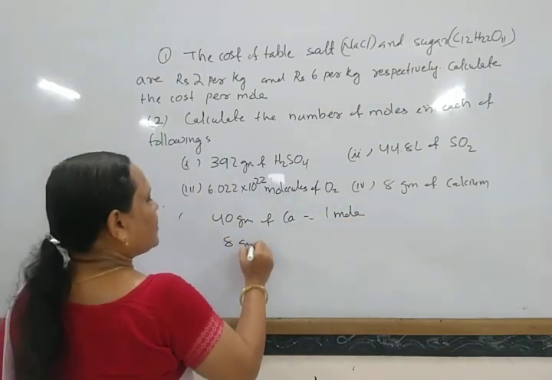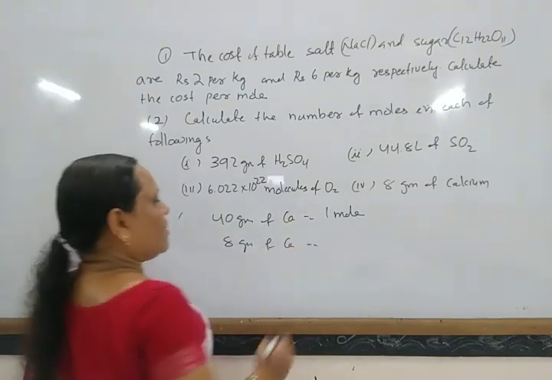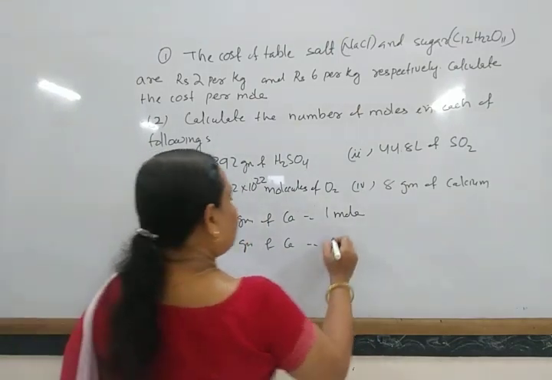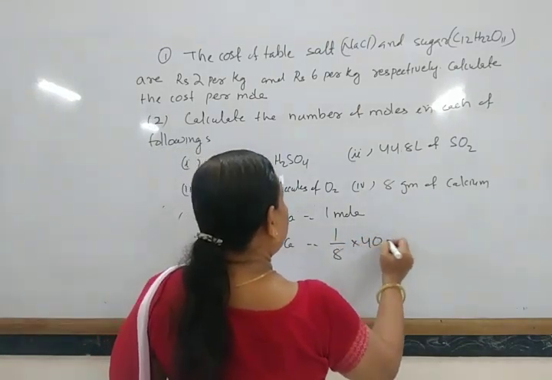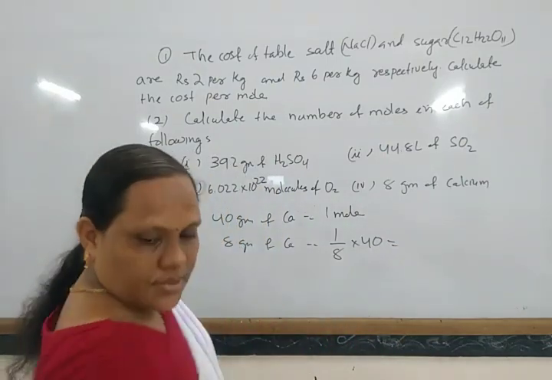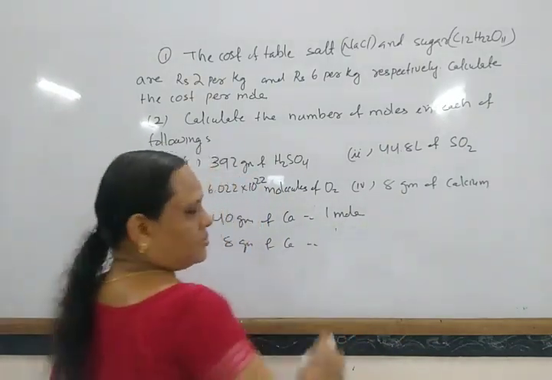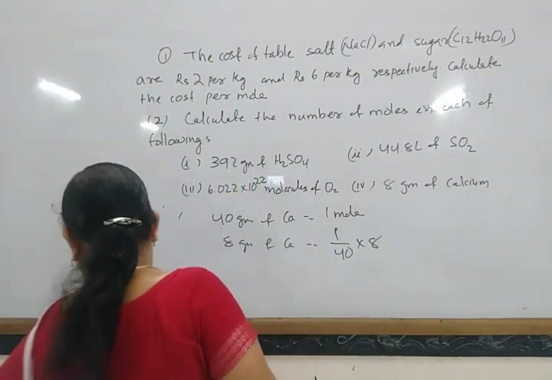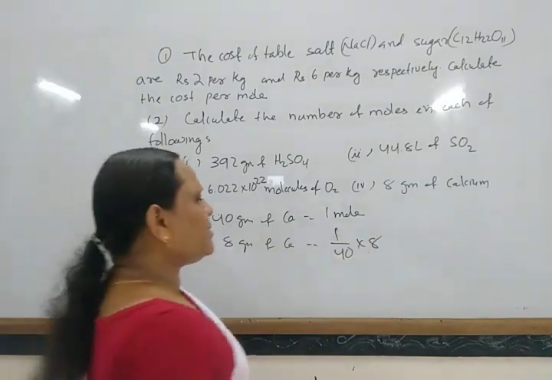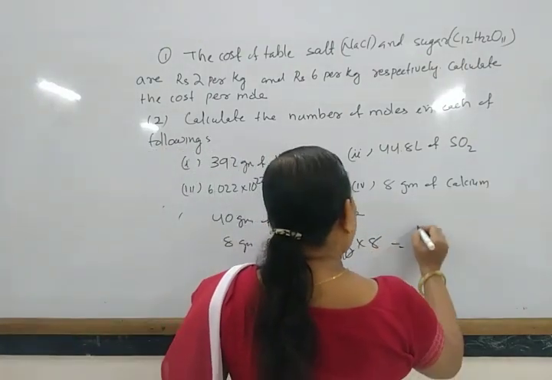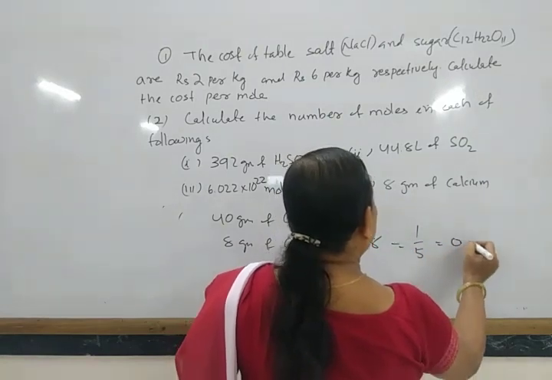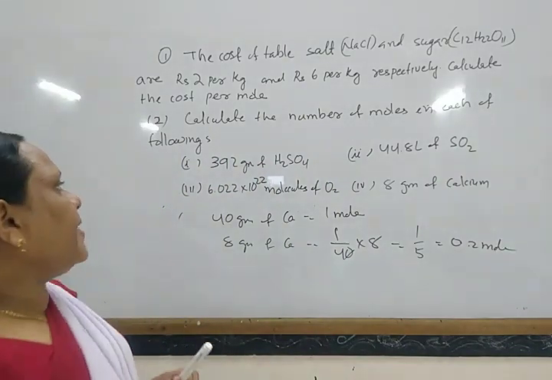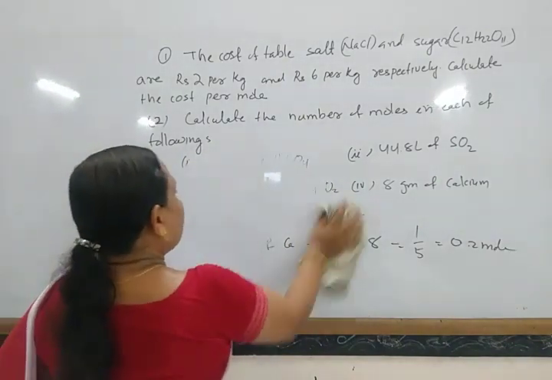Then 8 gram of calcium is given weight by gram atomic mass, 8 by 40, that is 1 by 5 mole, 0.2 mole. Okay.